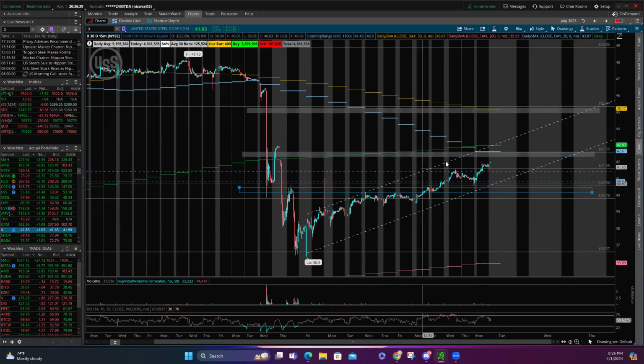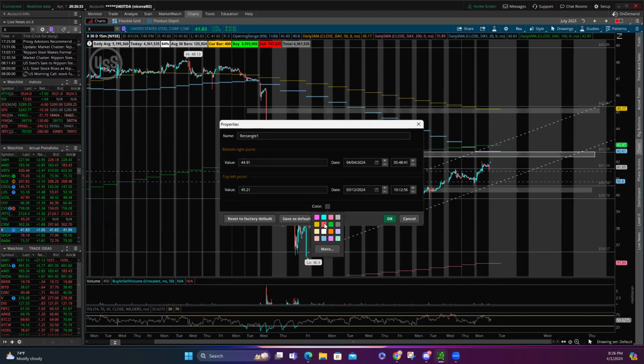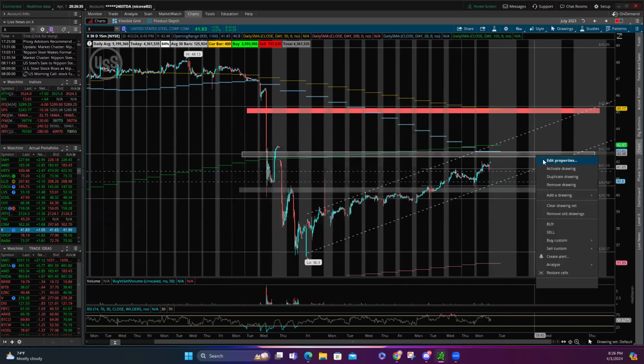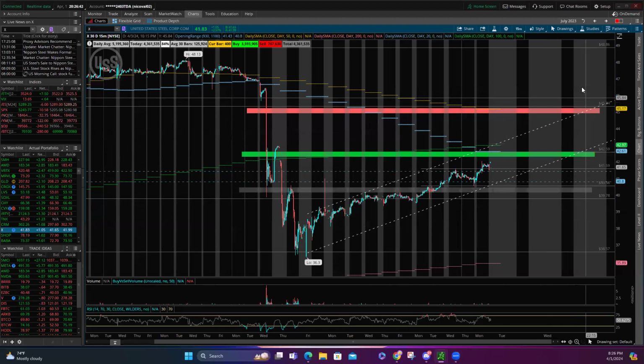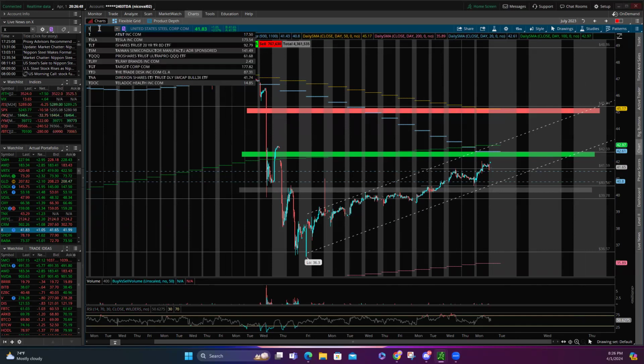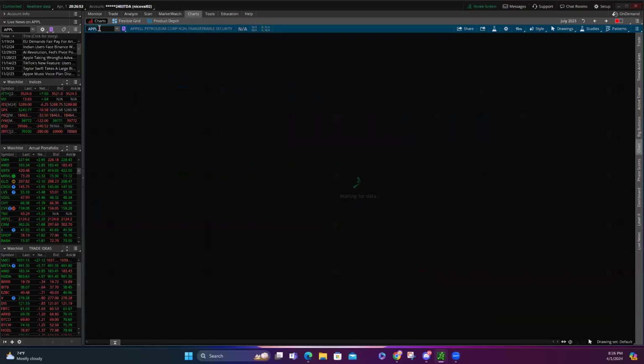Then just change the color. You duplicate it, go to properties, change the color: red on top and green at the bottom. Then I use a little transparency. Once I have them set, I just keep moving them along. For example, let me show you Apple.